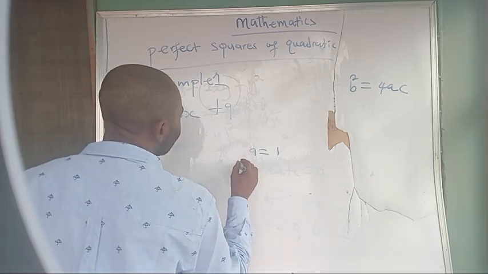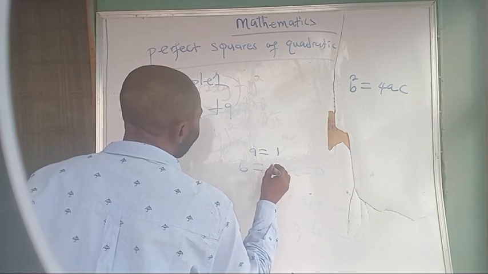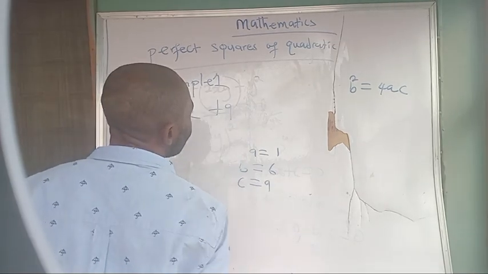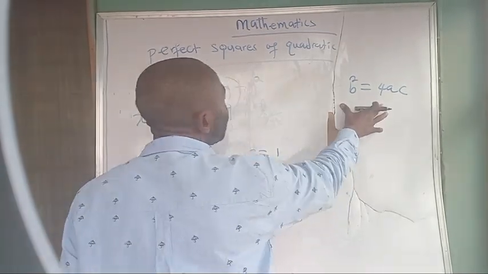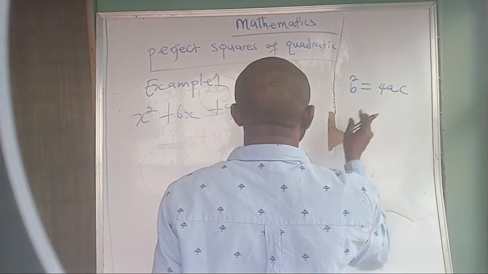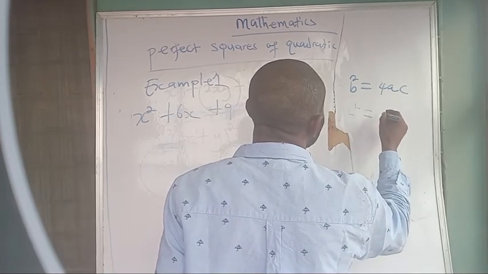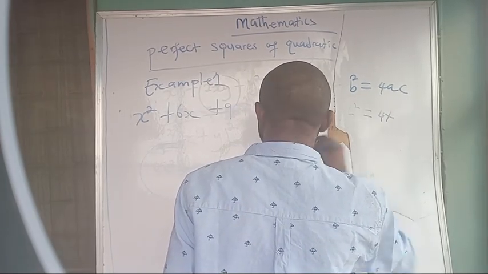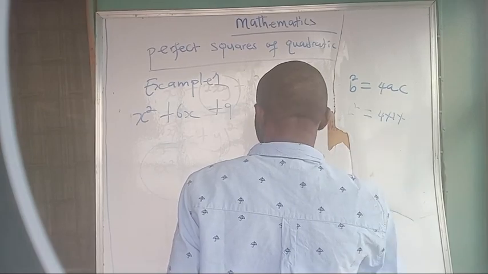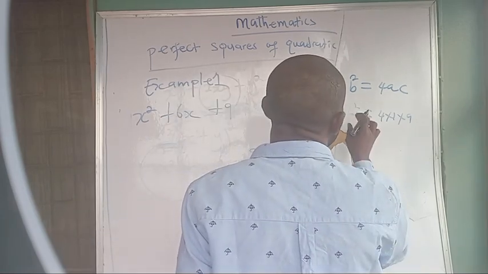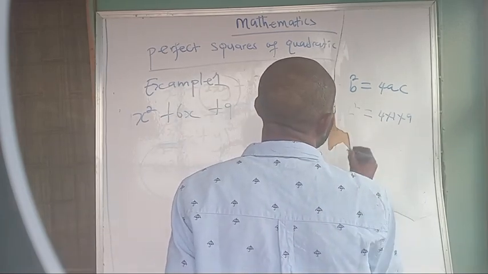So we can set b to be equal to 6, and we can set c to be equal to 9, such that using this to know whether the equation is perfect, we know that our b is 6. So 6 squared is equal to 4 times a, our a is 1, times c, our c is 9. So now 6 squared is 36.